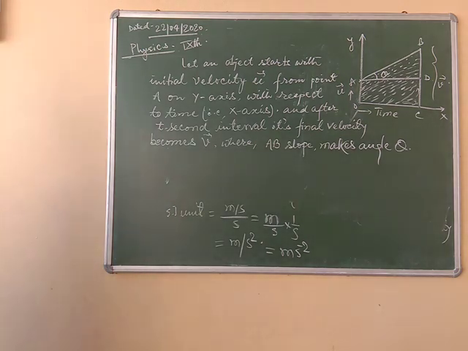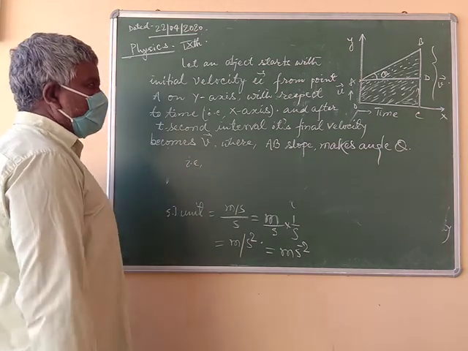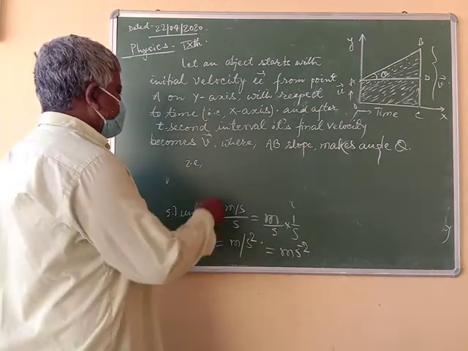That is, slope AB is equal to tan theta.